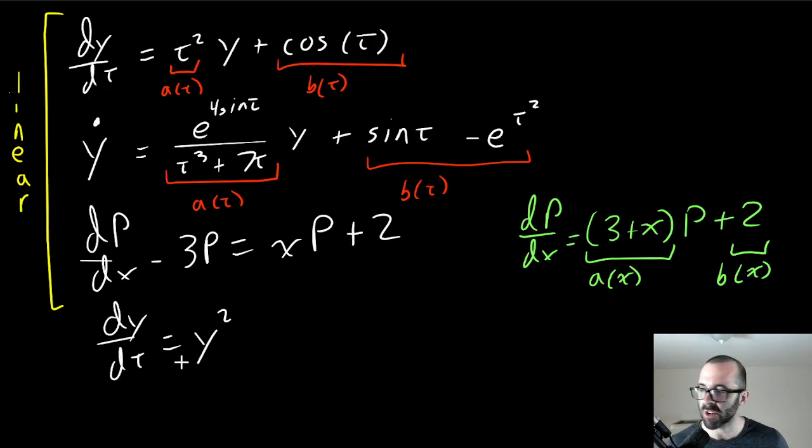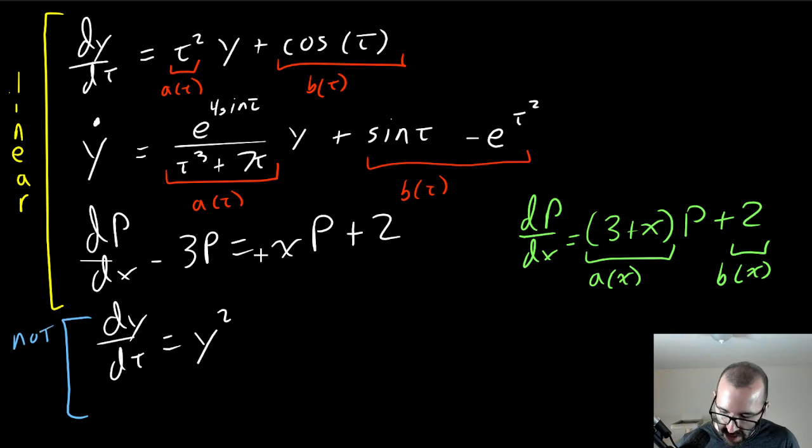Autonomous and separable differential equations are very nice in a lot of ways. And again, there's really a lot of definitions in this class. Linear differential equations are also nice in a lot of ways, but this is not linear. Okay, so we'll use a different color. These are not linear. Another example of something that's not linear is dz dt equals t times sine of z.